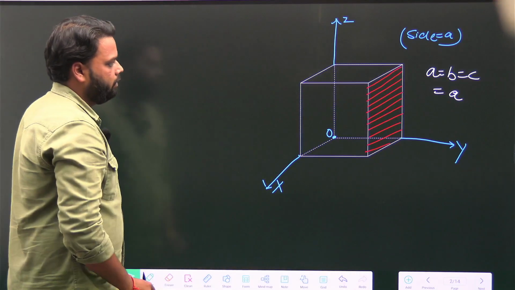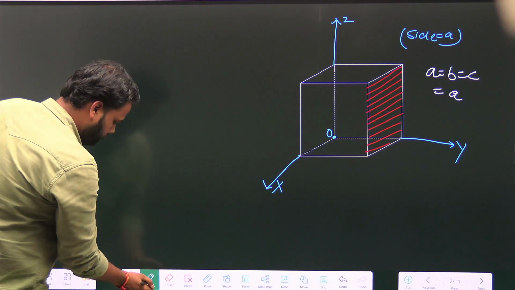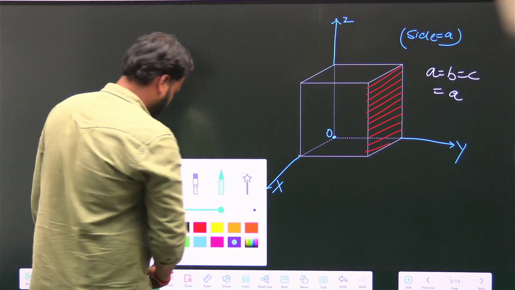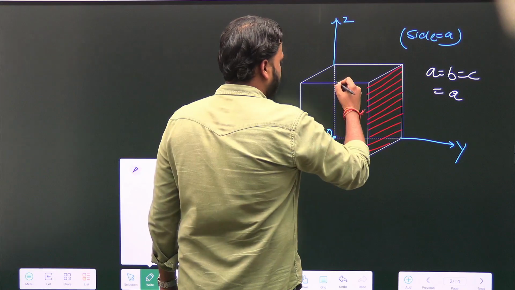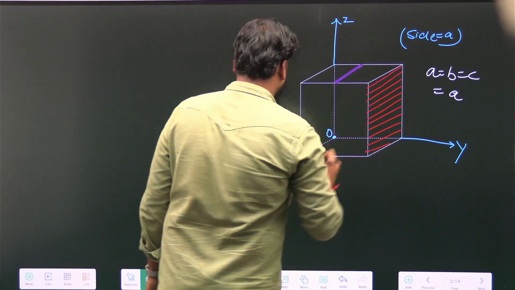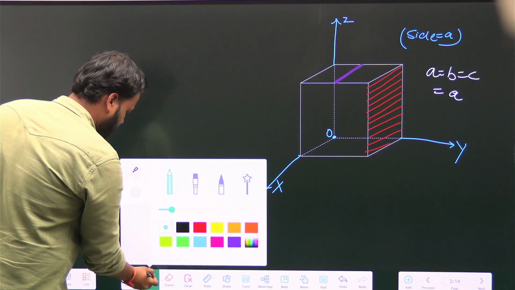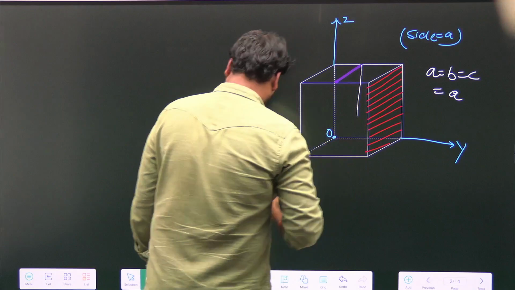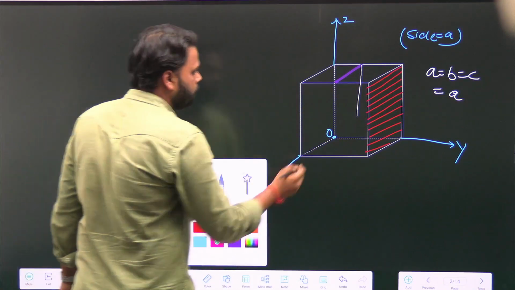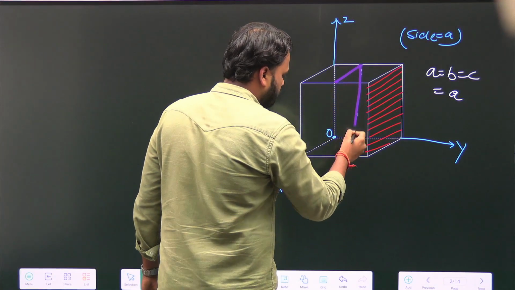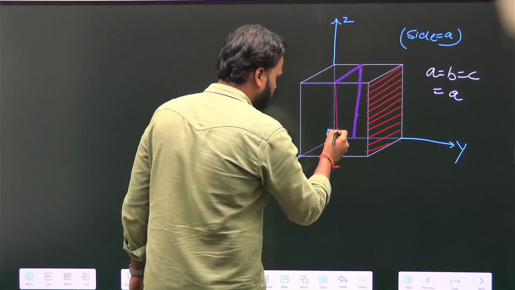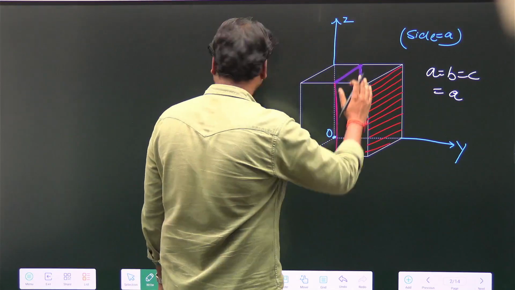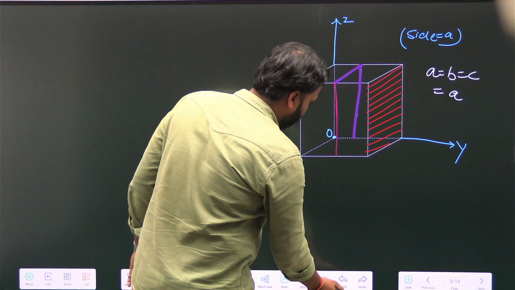Now, see. Let's take some different colors. I am making this plane. इस प्लेन की अगर हम बात करें, विजुअल है ना, रुको मैं फिर से कर देता हूं.